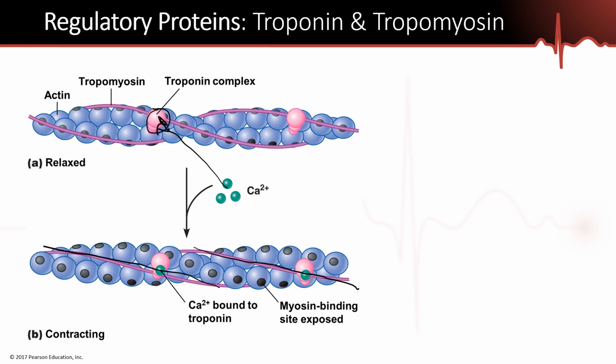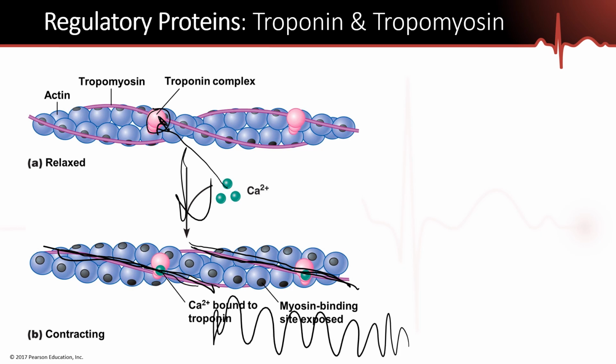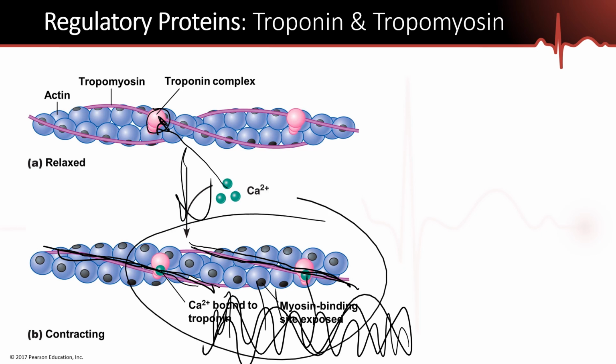And that shift in the troponin protein pushes the tropomyosin strand, which troponin binds to. So if there is a shift in the troponin protein, it can push the tropomyosin strands off of the myosin binding sites on the globular actins. And this, in theory, would free up the ability of the thick myosin filaments to now interact with actin.